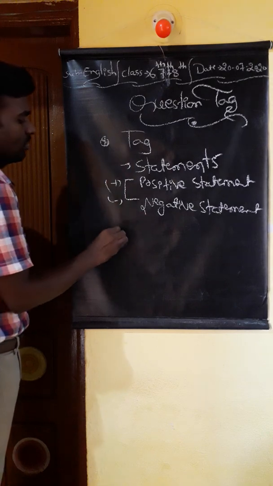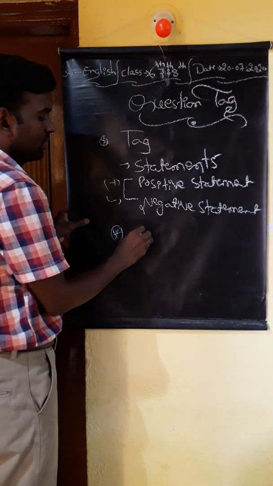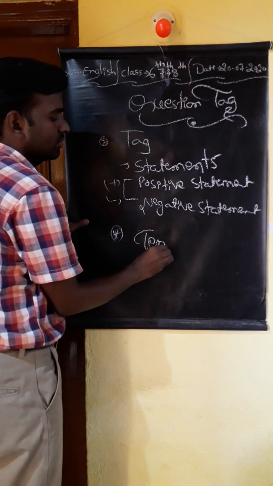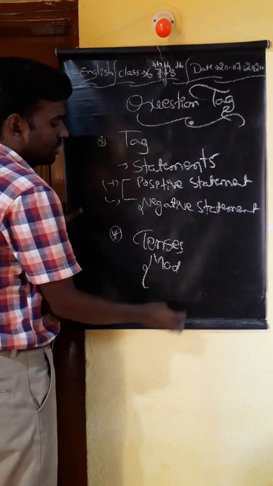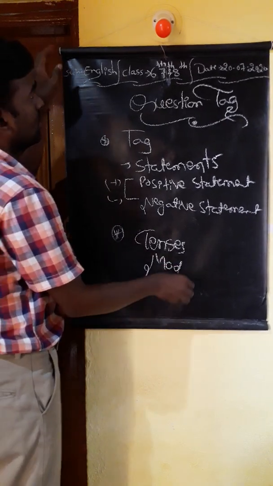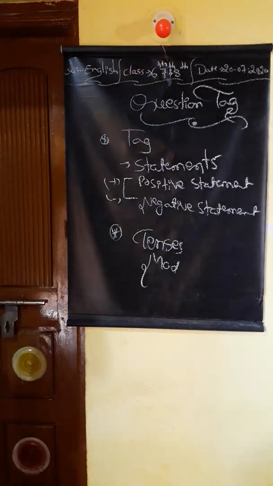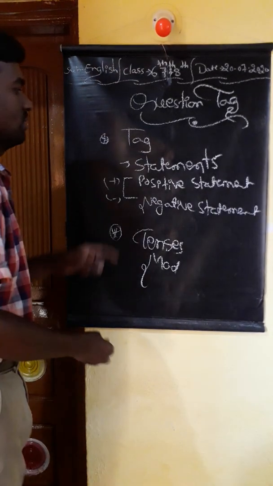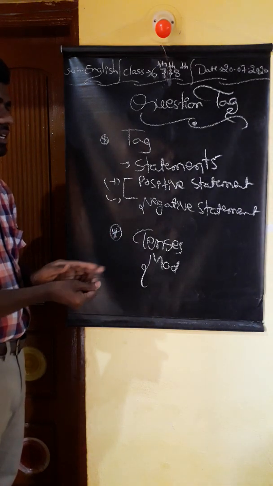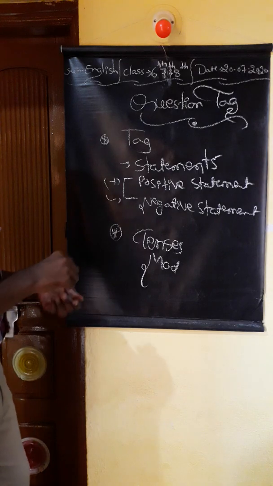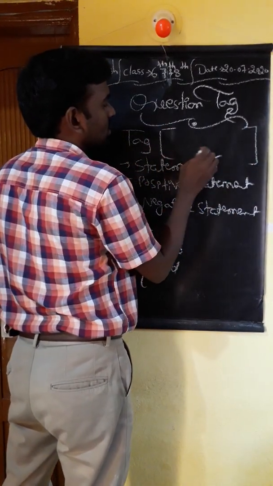The second important part is that the tag will be applicable for tenses and for the modal auxiliary verbs. So question tag applies for positive and negative statements, and for the tenses and the modals. While learning the question tag, we have to remember two major concepts.